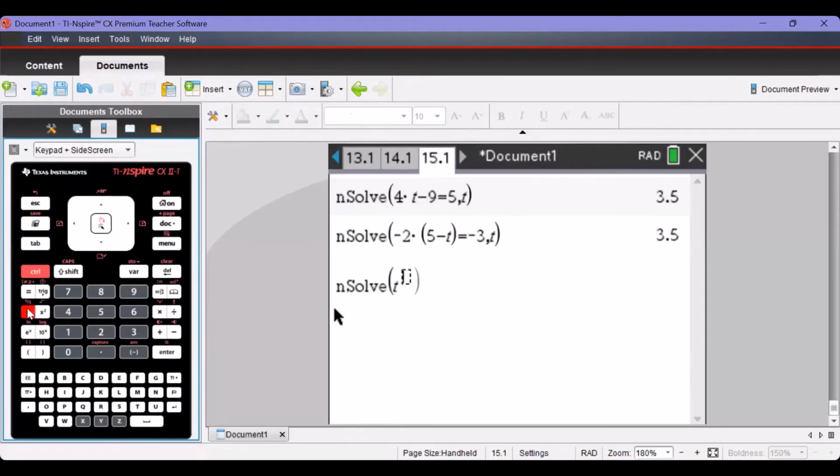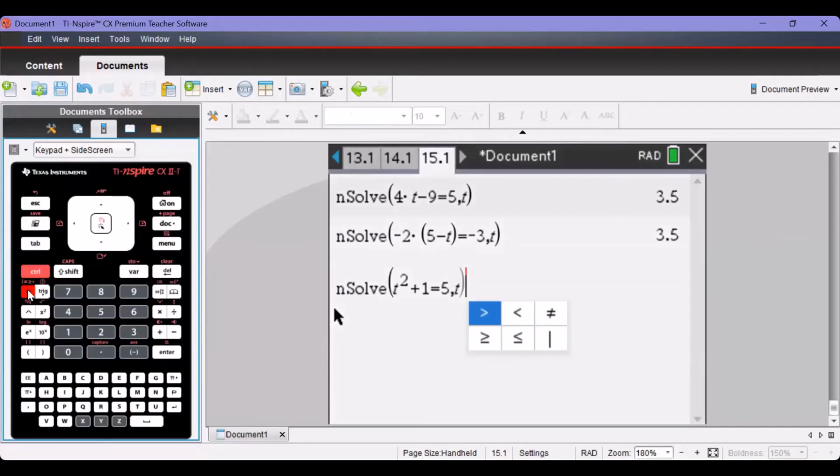So that's T squared plus 1, like so. And we'll set that equal to 5 and solve for T. So this is a quadratic. So there's 2 solutions. We only want the positive one.